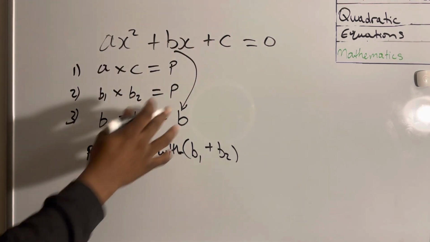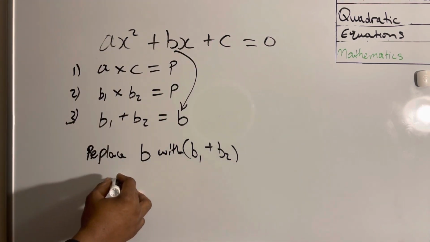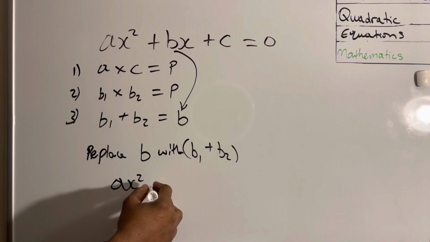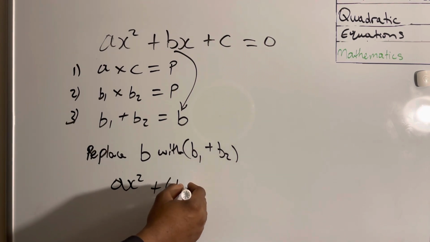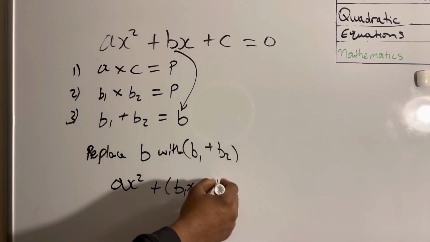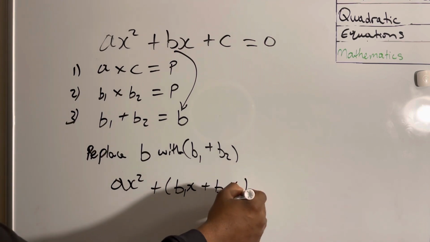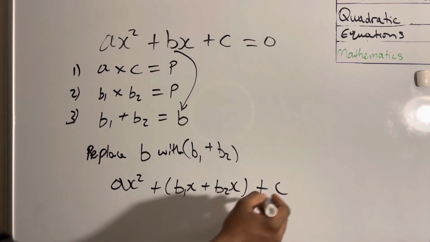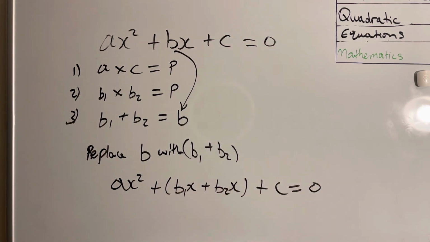So here you will have ax squared plus b1x plus b2x plus c equal 0.